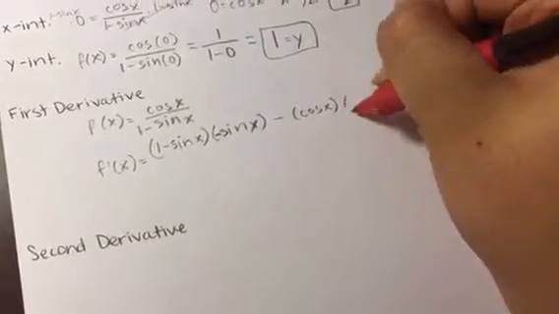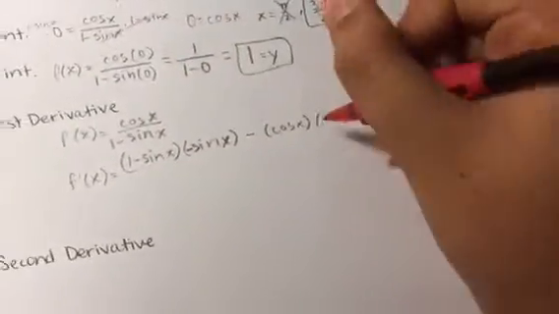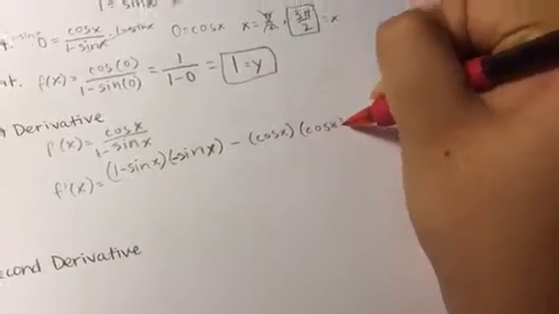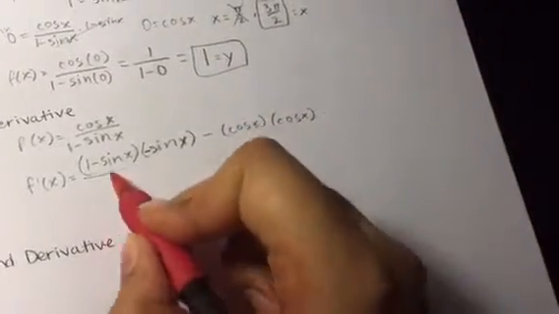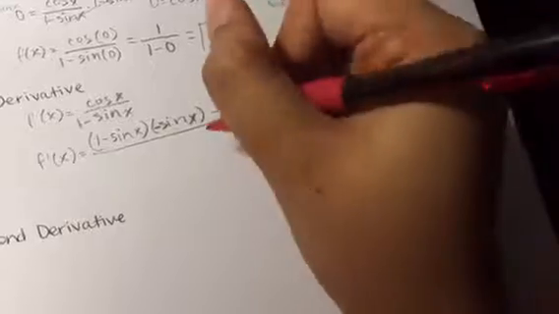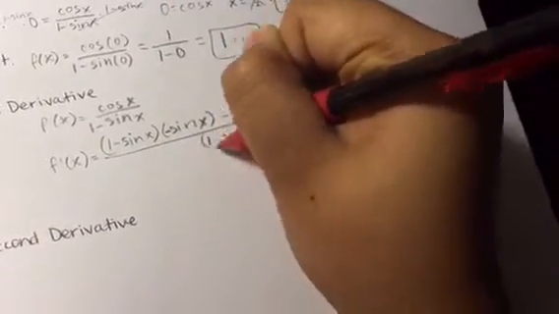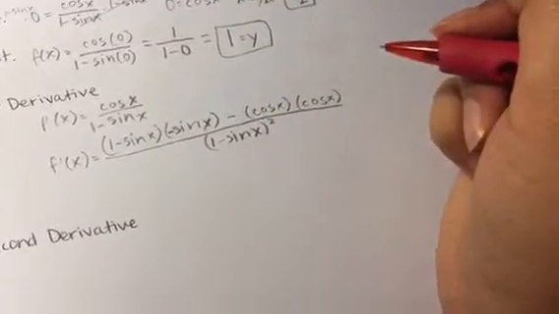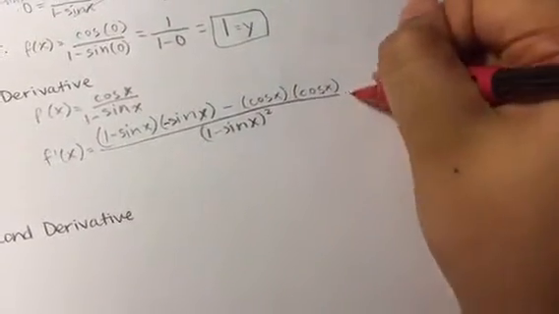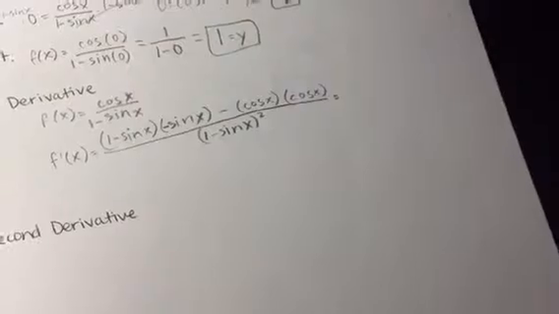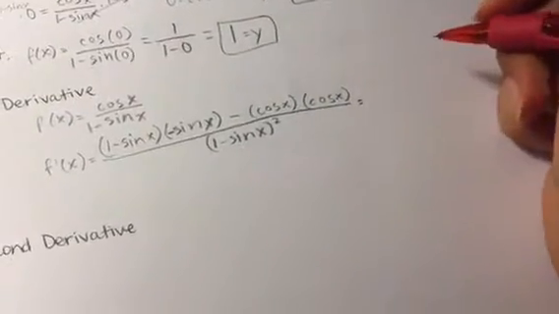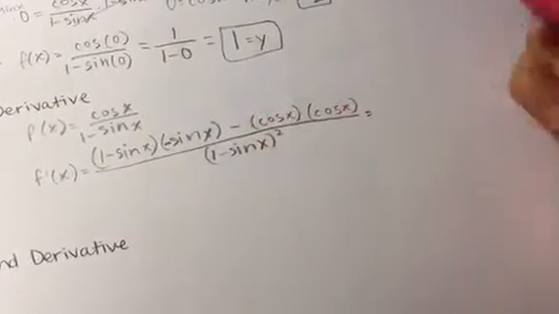derivative of 1 is 0, so we just have cos x because that's the derivative of sine. And then we have the top, which is just cos x. Then all over the denominator squared, so 1 minus sine x squared. Then from here we multiply this all out, we distribute it.